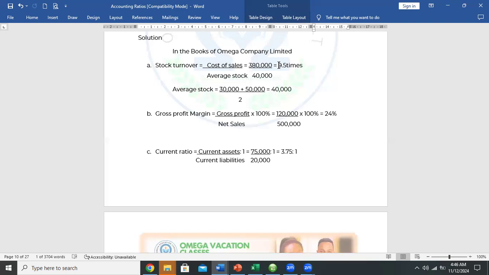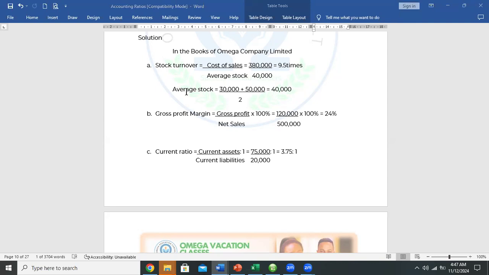So at that point, when they ask you to compare, then you can do the comparison. So 9.5 is good for the business, but if it was compared to say 12 times, then we say that 12 times is better. Any question so far? Prof. Senam, you wanted to say something? Are you good, Prof. Senam?